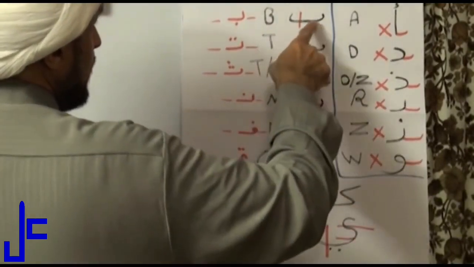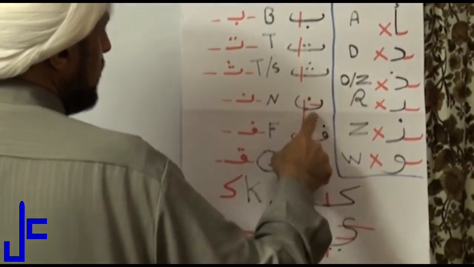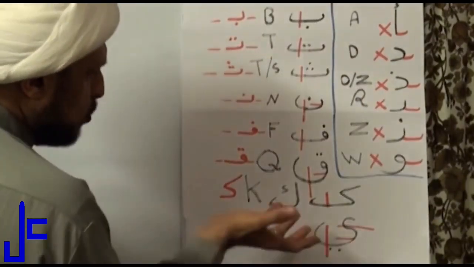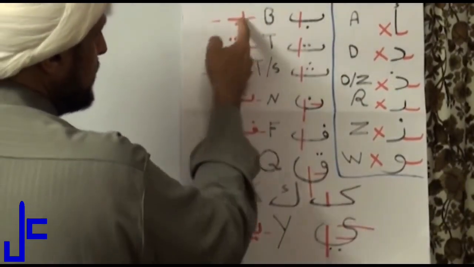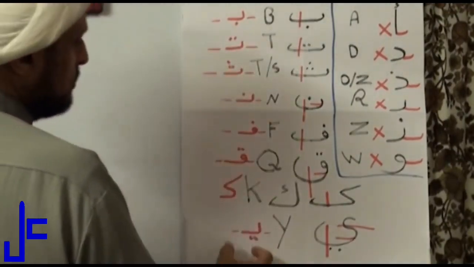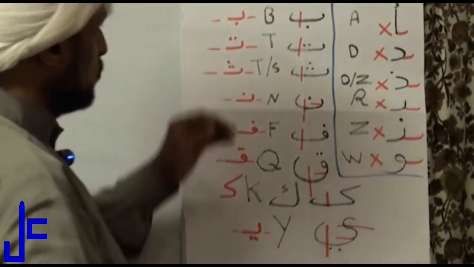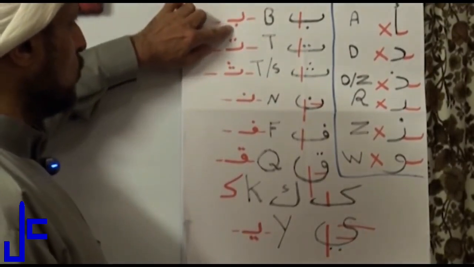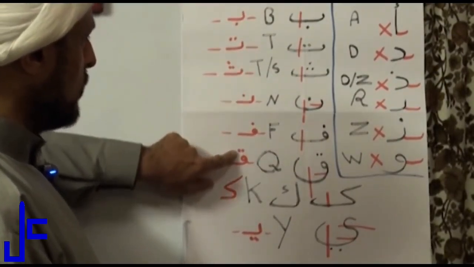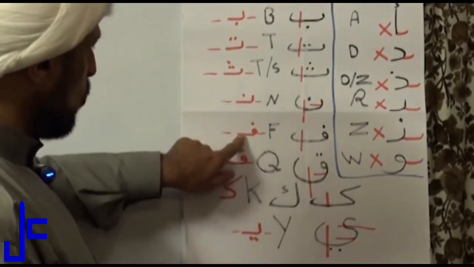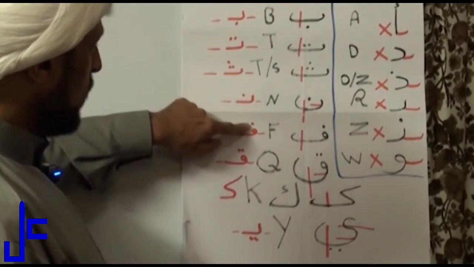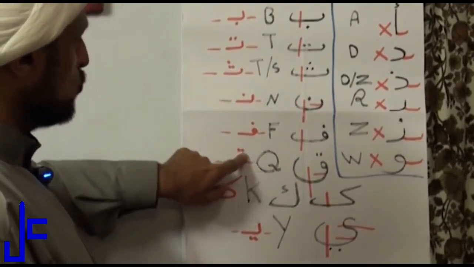So these are ba, ta, tha, na, fa, qa, ka, ya. They are connected on both sides, and they look similar, except for a few, but they have a similar pattern. You have to know that this has dots: 1 dot underneath, 2 dots above, 3 dots above, 1 dot above. This is very easy because it's the only letter which looks like this shape with 1 dot, and this is the only one which has 2 dots.